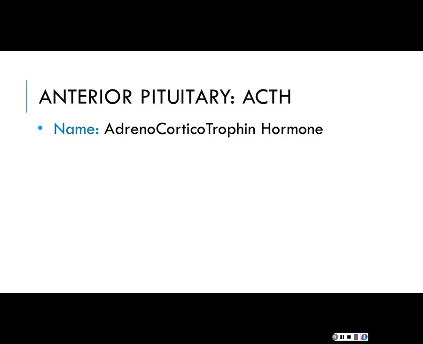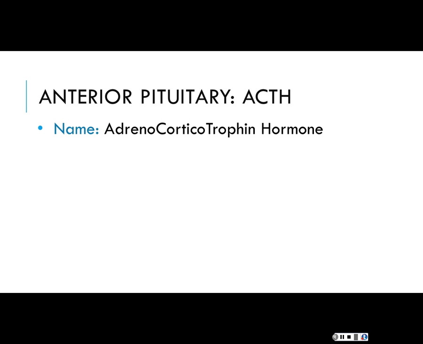Adrenocorticotropin hormone, ACTH, is a hormone from where? Where are we at? No, ACTH, we are in the anterior pituitary. So ACTH from the anterior pituitary targets the adrenal cortex. Can y'all see the number? Adrenal glands. They themselves are next to the kidneys.